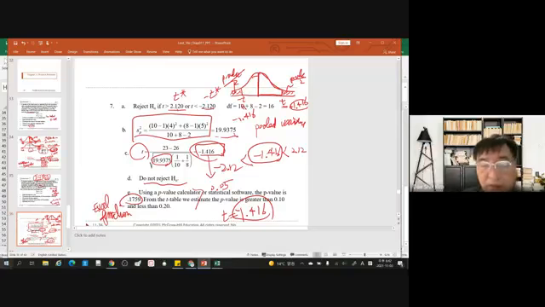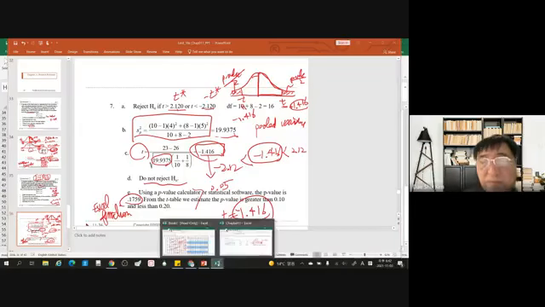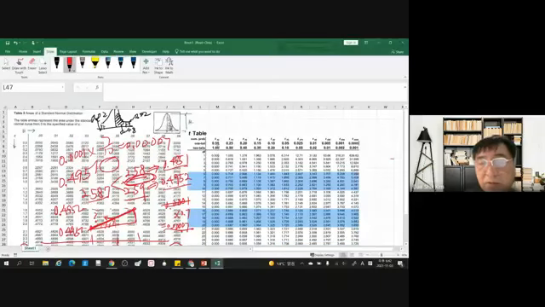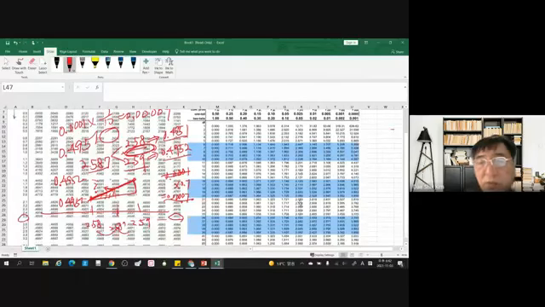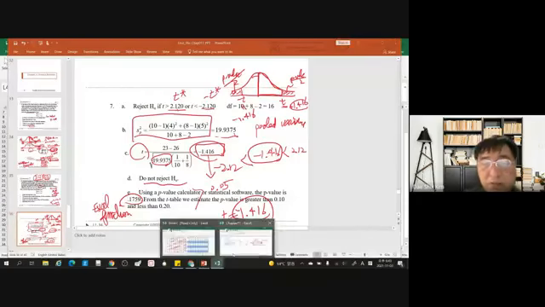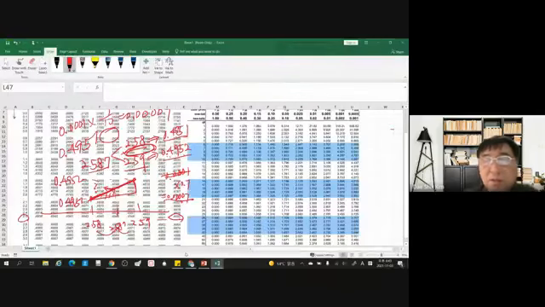Also, when you use this table, from 0.05, you see, you need to look at the point. Your t value is 1.416. We need to read the table.